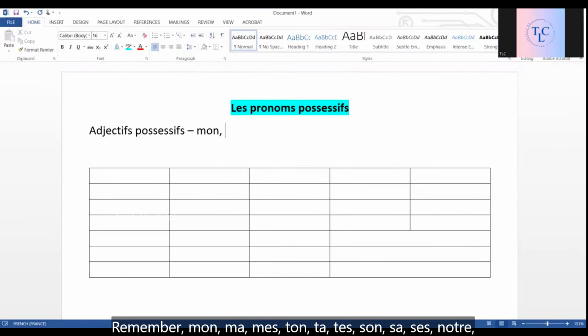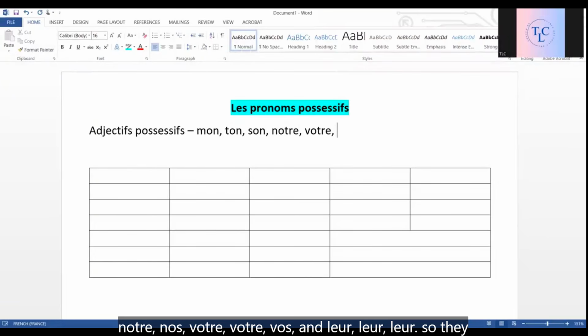Remember mon, ma, mes, ton, ta, tes, son, sa, ses, notre, nos, votre, vos, and leur. So they talk about belonging, right? It belongs to whom? My, your, his, her, our, their. So accordingly, we use adjective possessive.